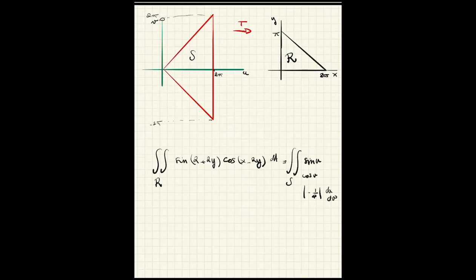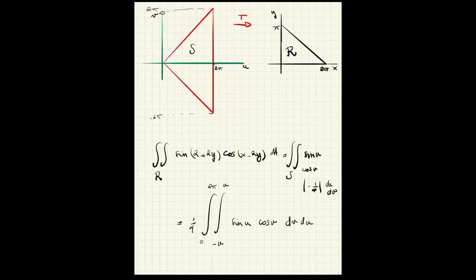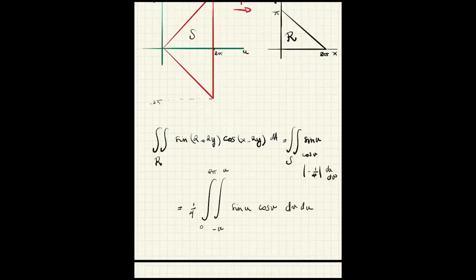And now this is a type 1 region, which is equal to the integral from minus u to u, 0 to 2 pi, 1 over 4, the function sine u cos v dv du. Sorry, is it too fast? Did you get it, guys?